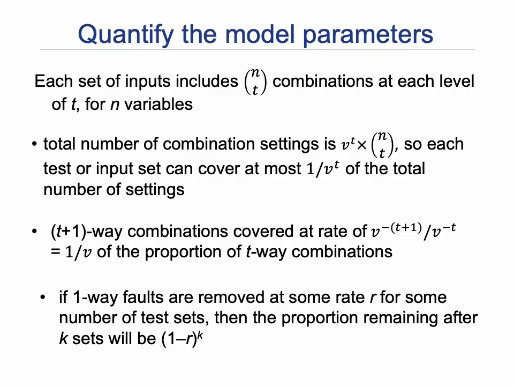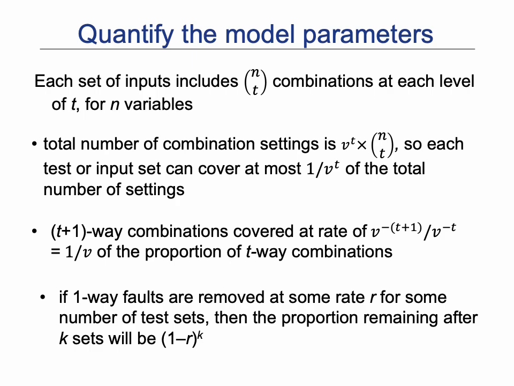And of course, T plus one-way combinations are covered for each input setting also, or each test. And these will be covered at the rate of 1 over v of the proportion of T-way combinations. So that, again, this is T plus one-way combinations, the next level up, covered at a rate of 1 over v for the coverage of T-way combinations.